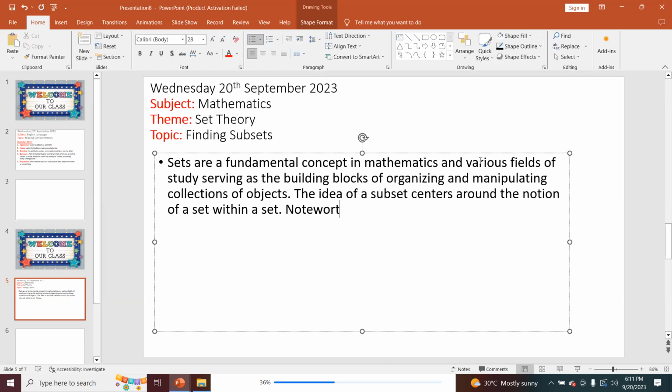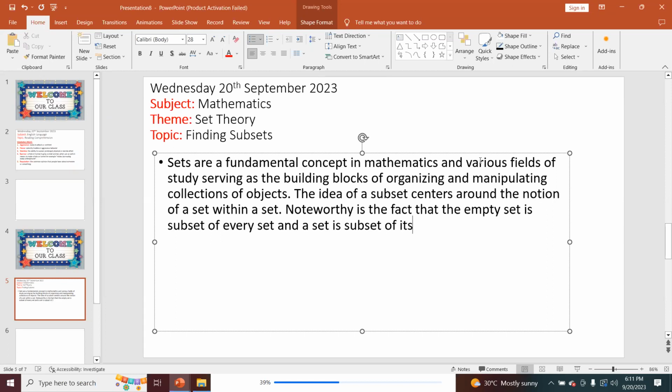Noteworthy is the fact that the empty set is a subset of every set, and a set is a subset of itself.